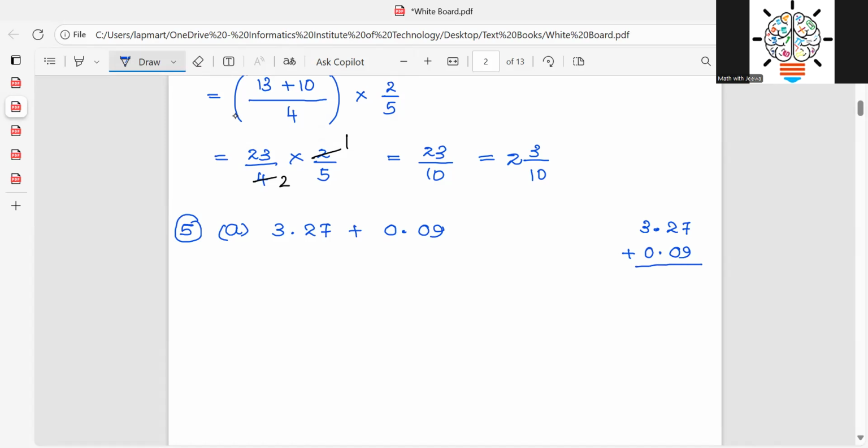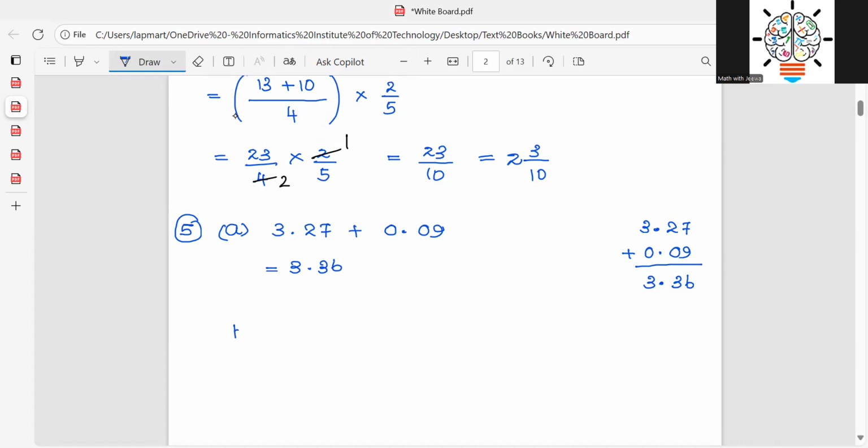When you add this together, it gives me 3.36. Okay? So then when you add 3.27 to 0.09, it is 3.36.